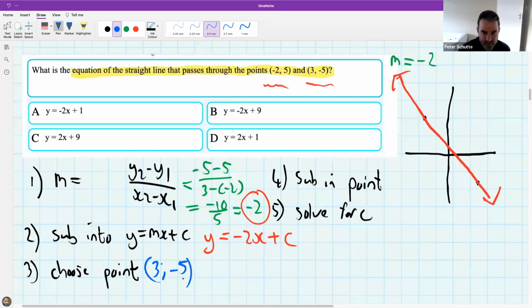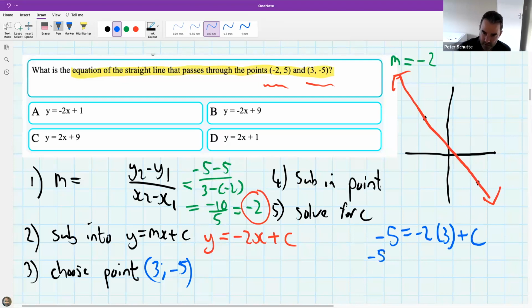So I do that, and now I need to sub in the point. Now, what does it mean to sub in? Well, where there's a y, I have a -5, and where there's an x, I'm going to have a 3. And now I've got to find what c is.